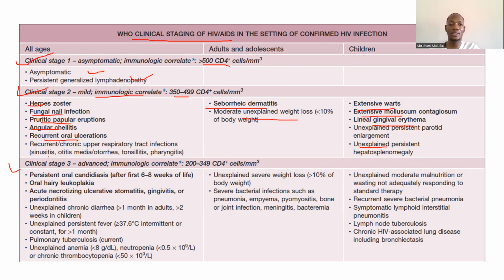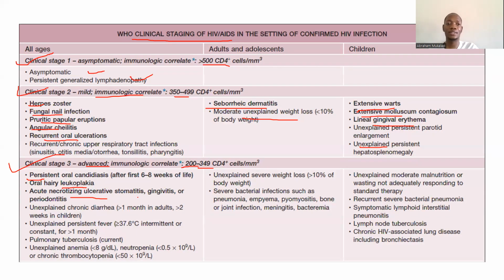So when you go to stage 3, someone has an advanced type of HIV. This correlates with a CD4 count between 200 and 350. In this case, you can get persistent candidiasis or leukoplakia secondary to Epstein-Barr virus infection.